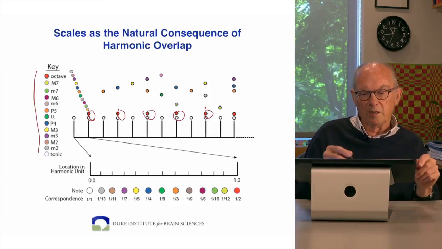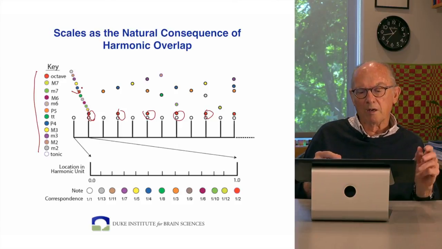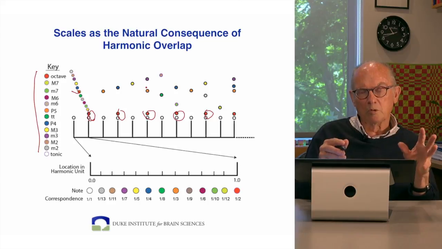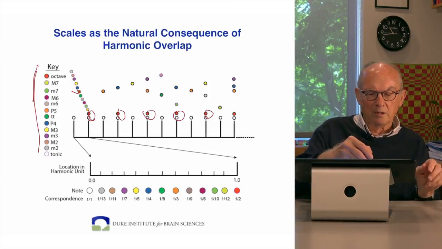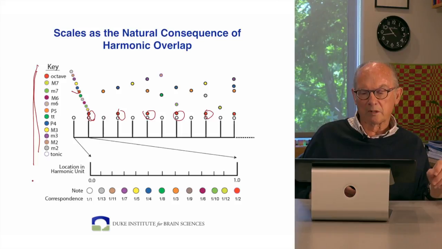When you play a major fifth, that's the orange symbol here, every third harmonic in the two notes is overlapping, and so on down the list of the notes that are relatively more or less consonant in the chromatic scale series.